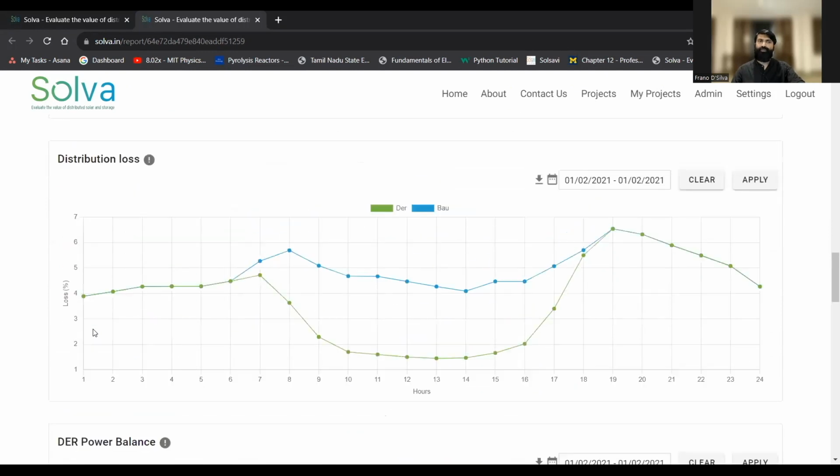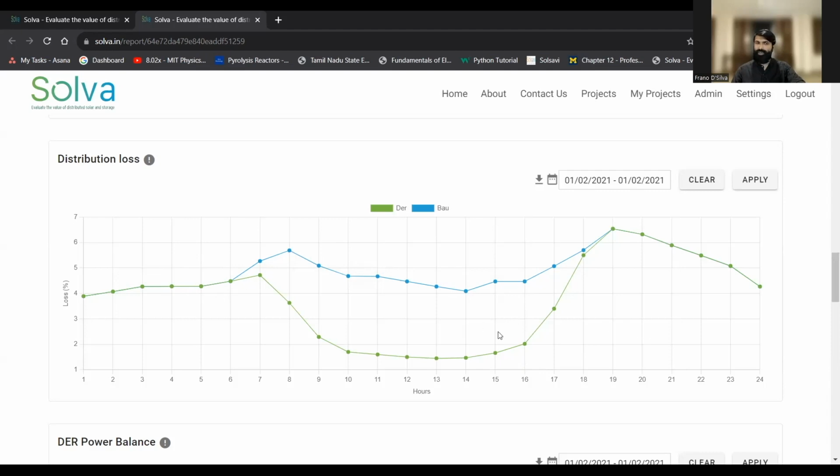Further, we find out what is the distribution loss and how distribution loss behaves over the period of 1 year with the integration of DER. As you can see, the blue line indicates the distribution loss in the BAU case, and the green line indicates the distribution loss when distributed solar is integrated on the distribution network.